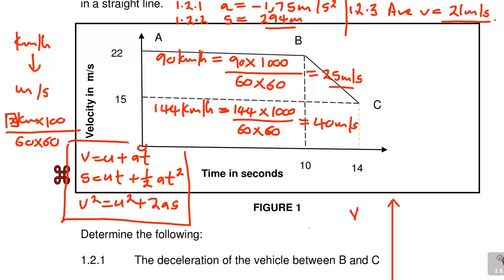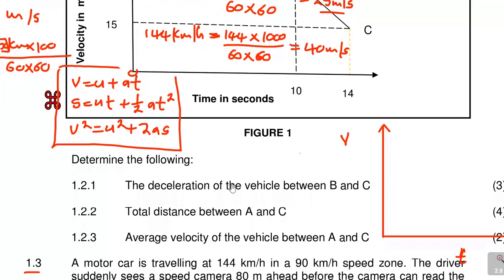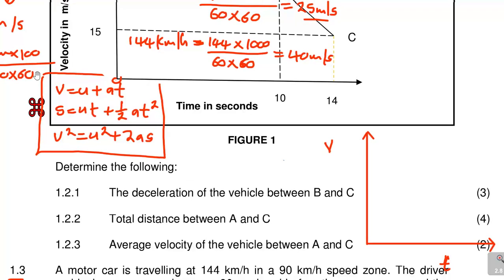Alright, so now if I go back to my diagram, we have a car that is traveling here, just to fit everything here. We say, if I can read, a motor car is traveling at 144 kilometers. So we have here 144.